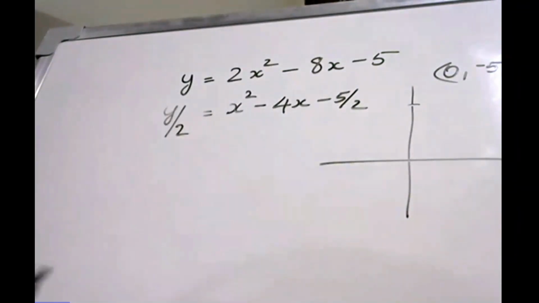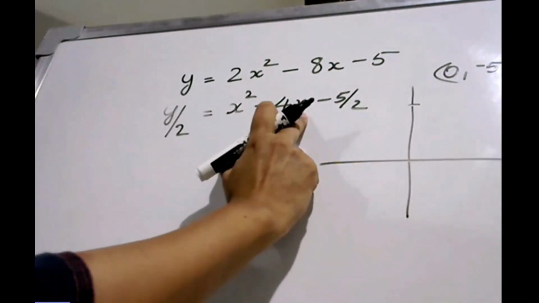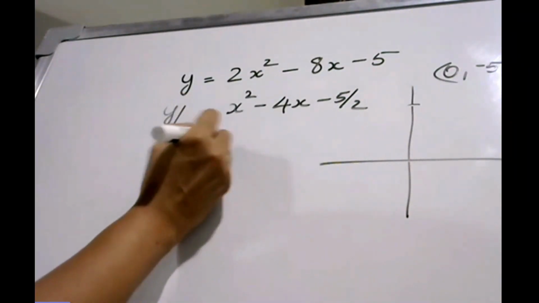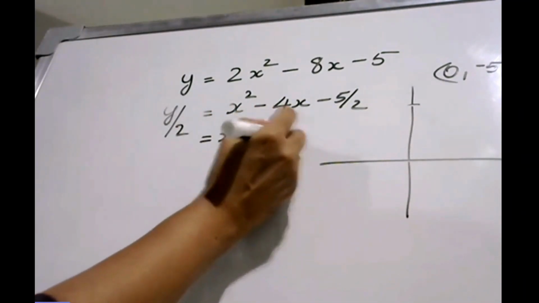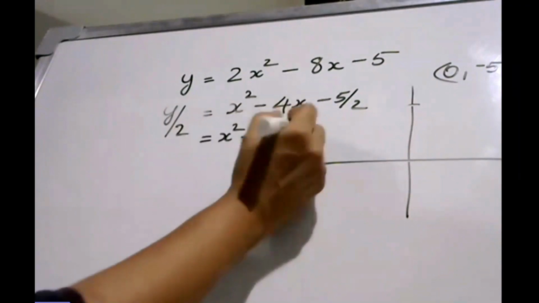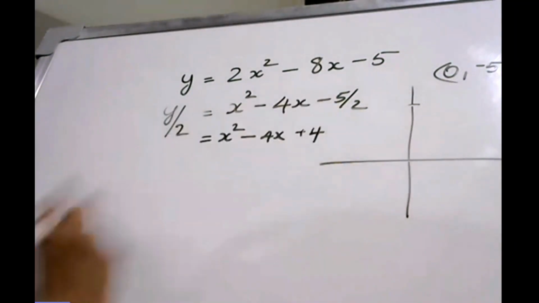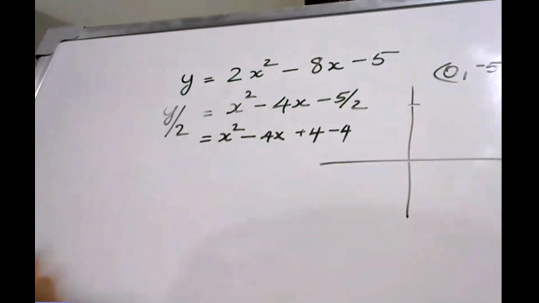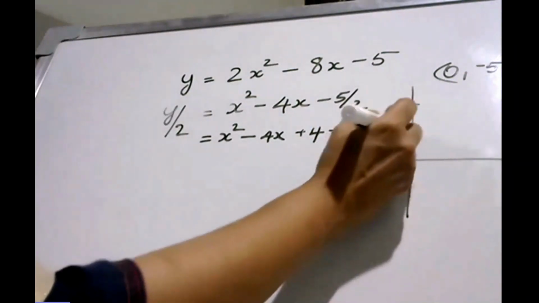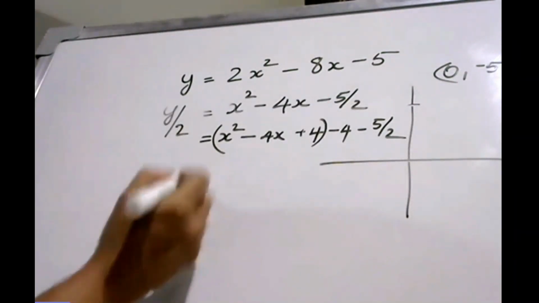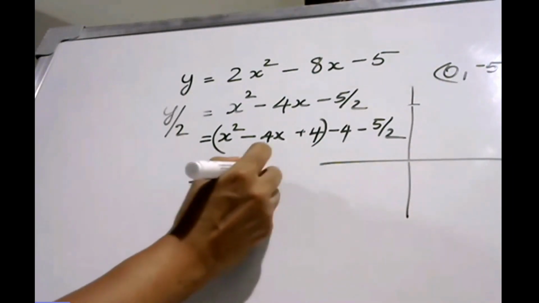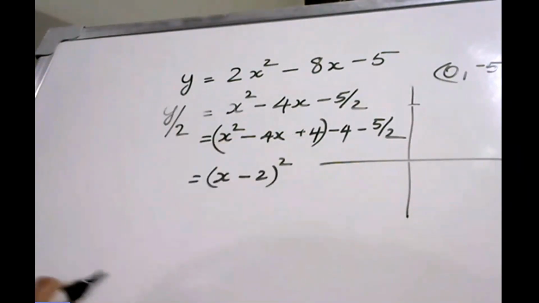This I'm going to make into a perfect square. So for this I'm going to do x square minus 4x, plus the square of 2, which is 4, and I am subtracting that 4, and the last term 5 over 2. So from this, I can write this as x minus 2 the whole square.